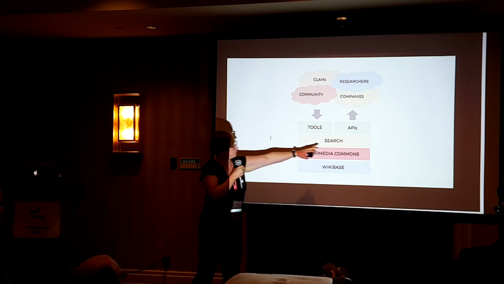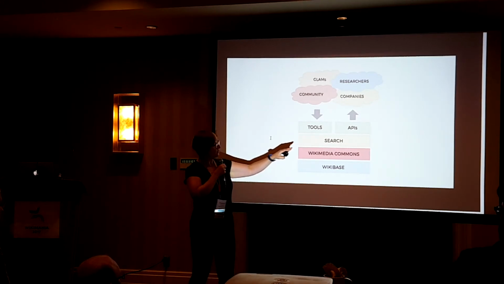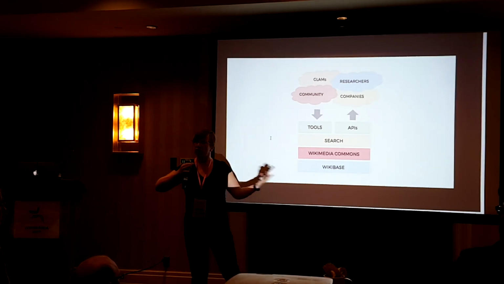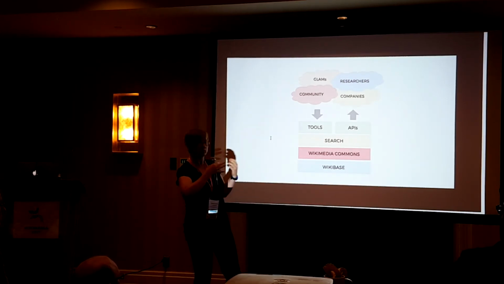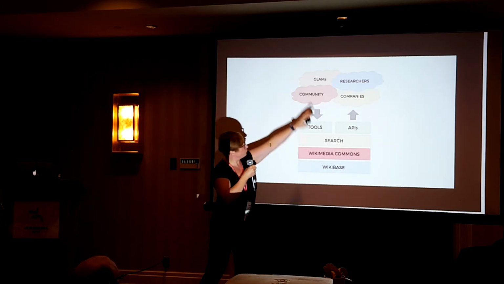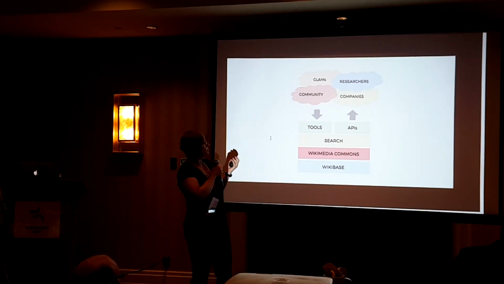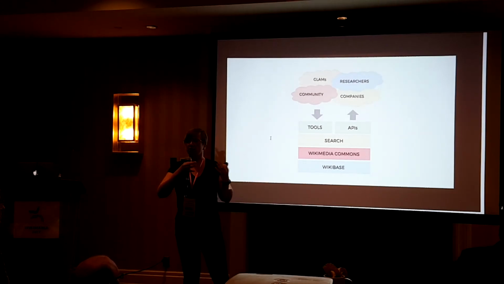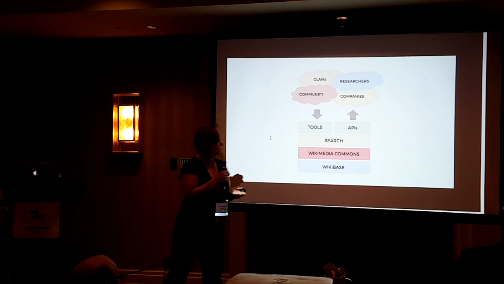On top of that, we will have better search functionalities and APIs, which are interfaces so that external parties can also do large-scale reuse of the images on Commons for all these different stakeholders. And of course, both the community and external parties can then use and build tools to work with that.